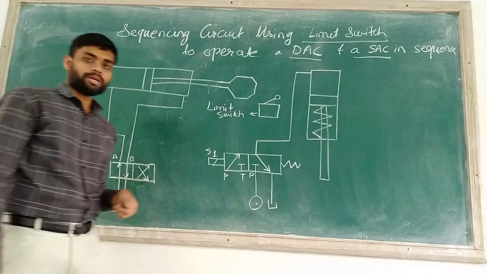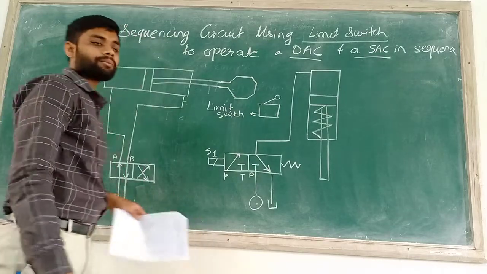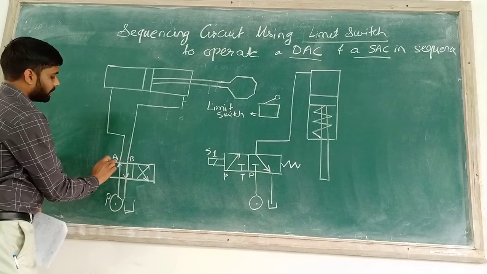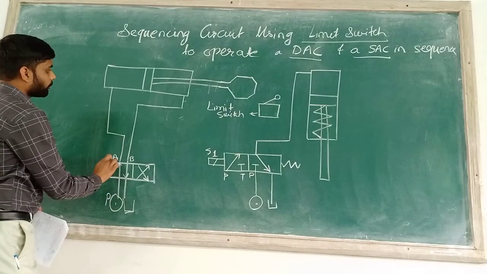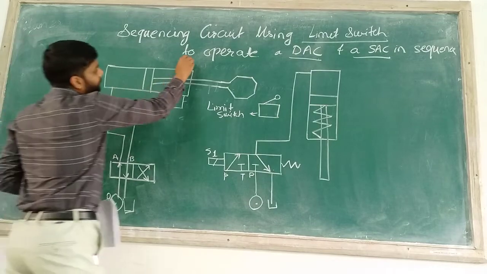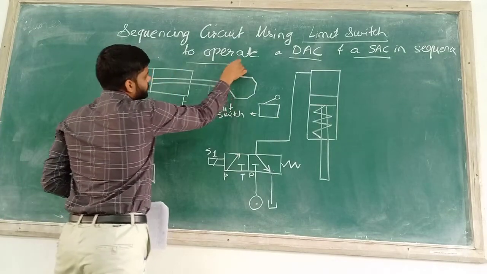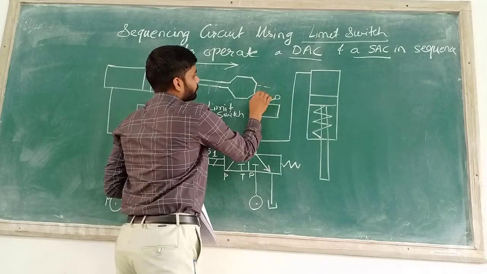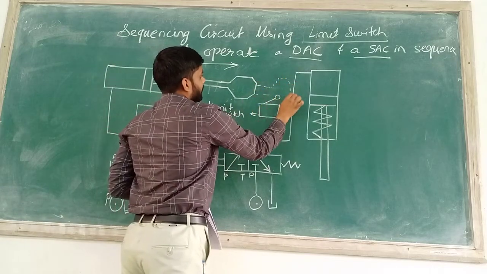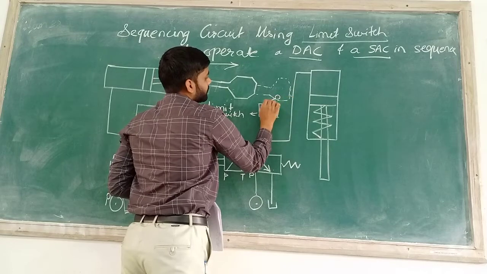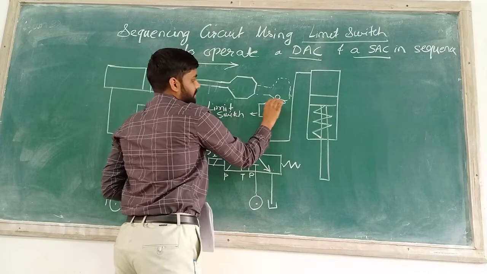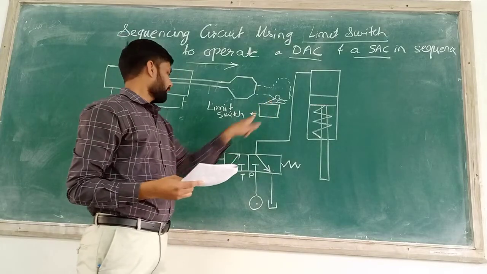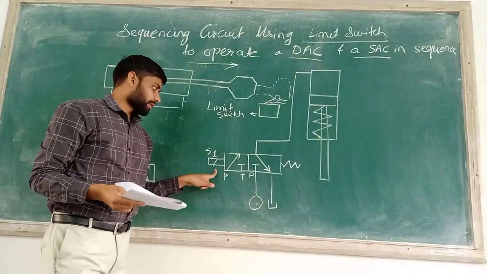And how are we going to achieve this? What is happening is, when the pump is continuously pumping the high pressure oil through port P to port A, there is an extension of this piston here, and when this piston moves to this position, it presses the limit switch here, and because of the pressing of the limit switch, the current flows through the solenoid here.